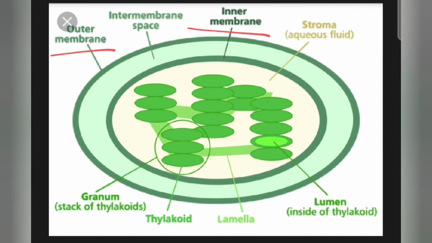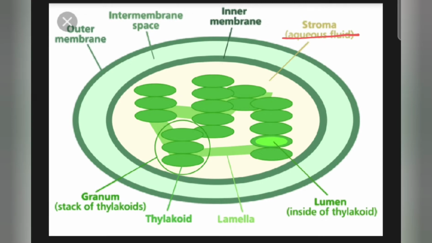Now moving on to the next part of the chloroplast, stroma or matrix. As you can see here, it is written stroma or matrix. So the stroma or matrix of any cell organelle or even the cell is basically the base portion of the cell. It is a transparent, clear and homogeneous colloidal gel fluid that is present within the inner membrane.